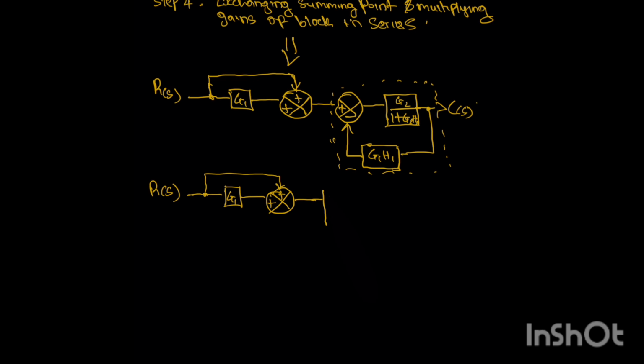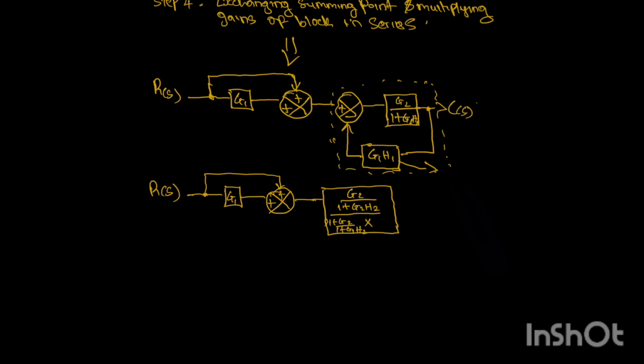Using the formula for negative feedback, because you see this arrow is passing through a negative feedback, we have G2 all over 1 plus G2H2, all over 1 plus G2 all over 1 plus G2H2 times this G1H1.